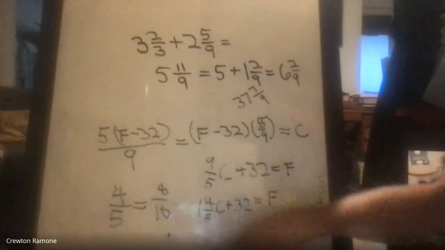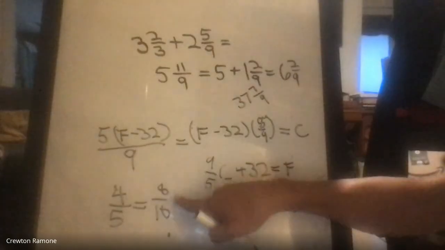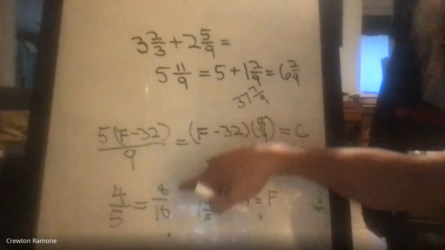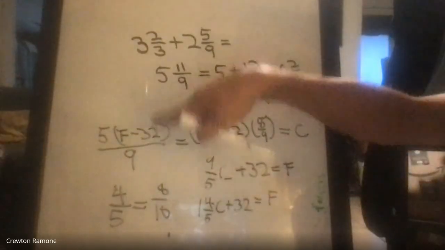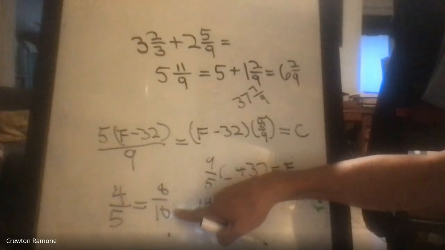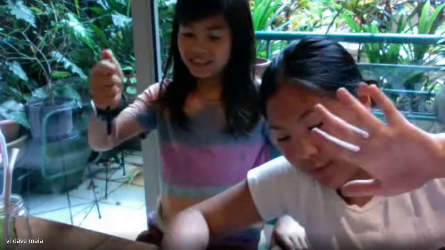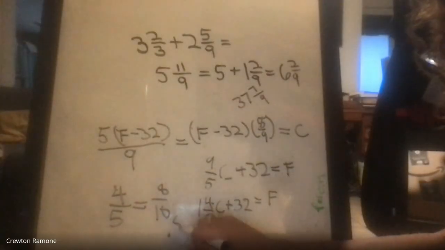Or I could say it's 8/10ths. 8/10 is 8 divided by 10. So isn't this just 0.8?